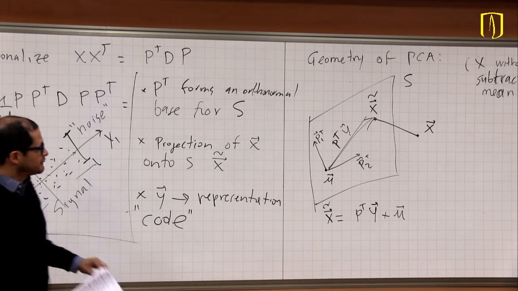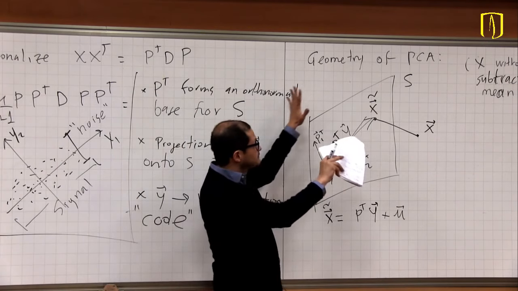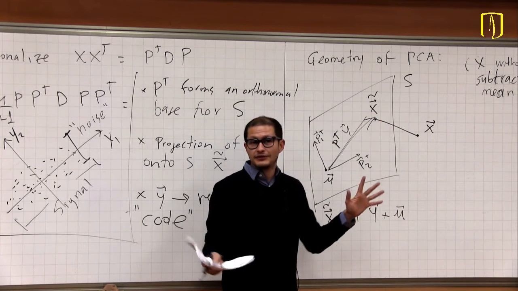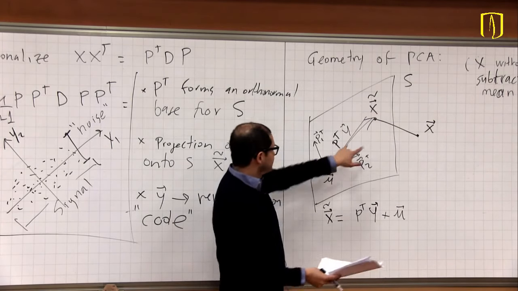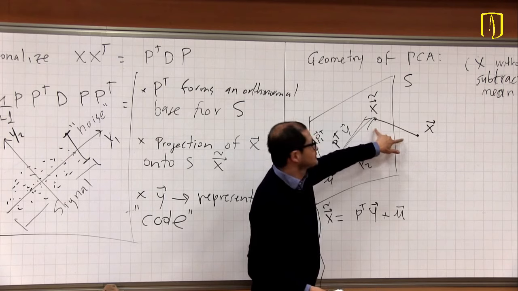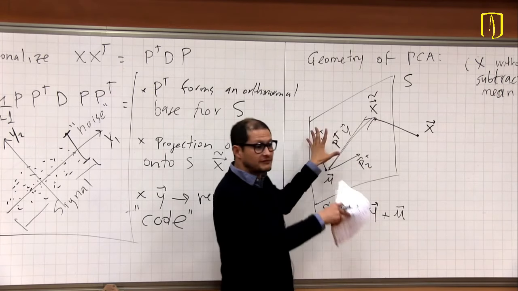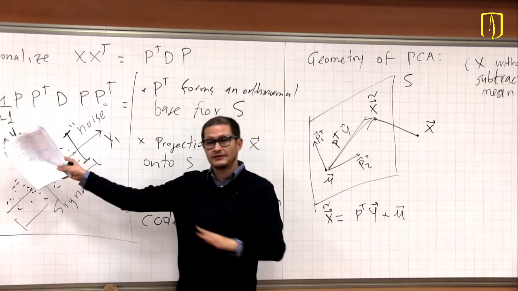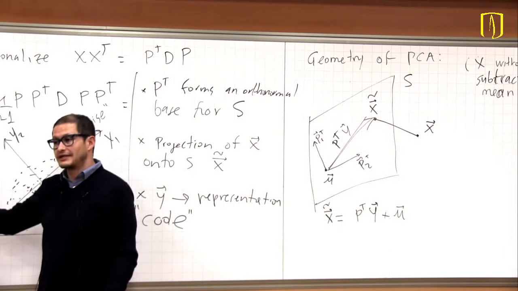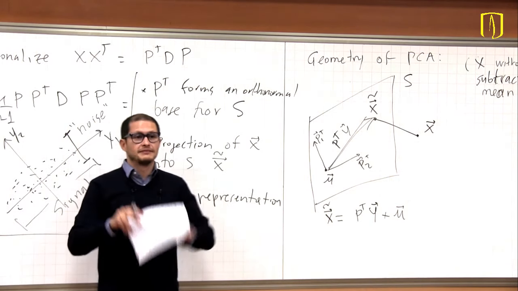You find a subspace S where the data looks more reasonable, such that this projection is the best you can find. You can start from this and derive the whole thing without introducing these linear algebra ideas, only as a minimization problem.